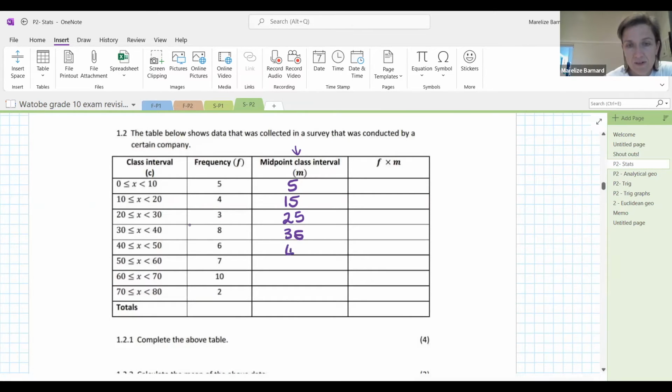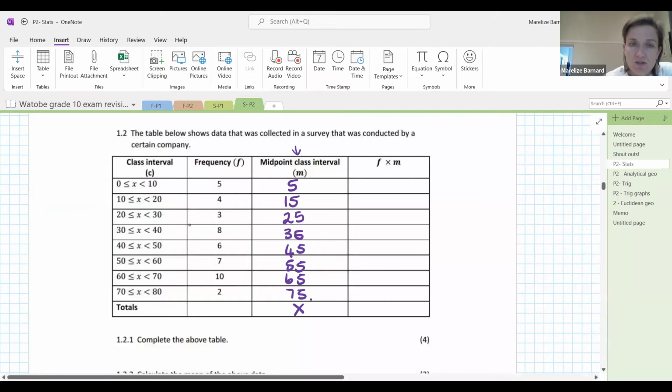35, 45, 55, 65, 75. Okay. Right. So there's also a line at the bottom here for totals. So we can add up the total frequency. Do that now and pop your answer in the chat. There's no total for the mid-class interval.